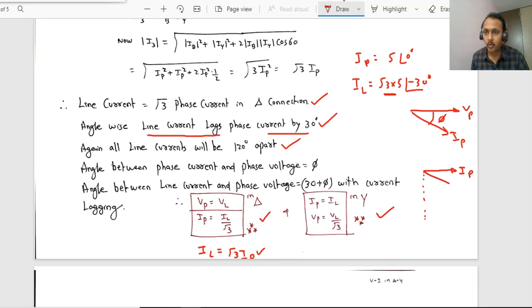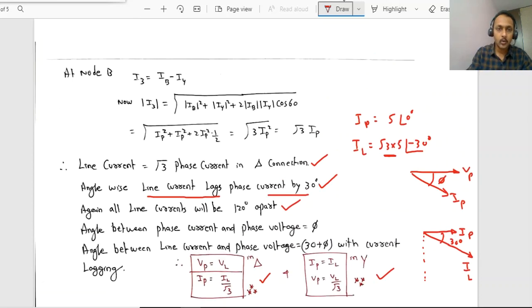Magnitude wise, root 3 times, you will get more current, a longer line like this. But the angle difference will be how much? 30 degrees. This will be your line current. If it is a three-phase balanced voltage source, like that we have to understand.